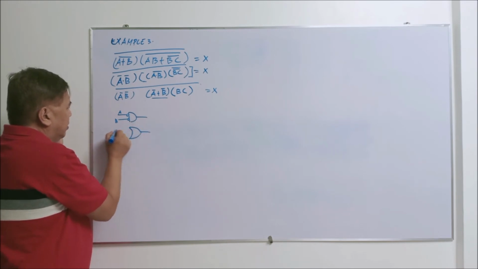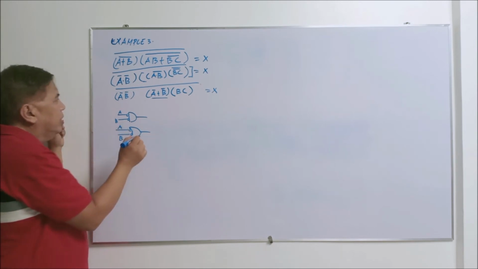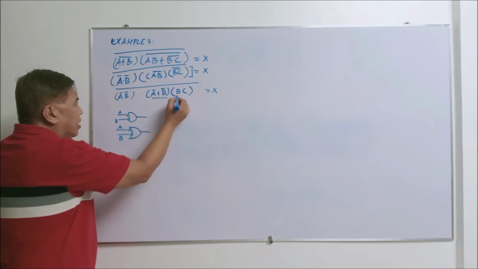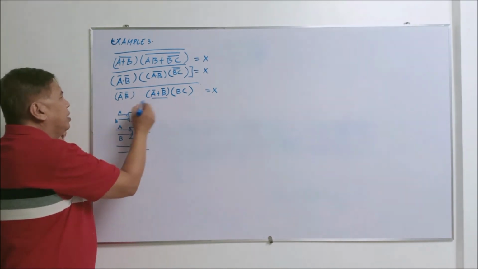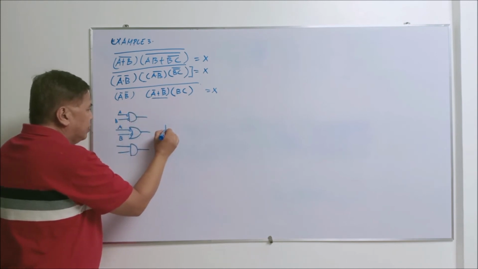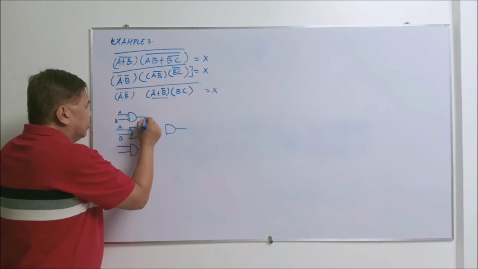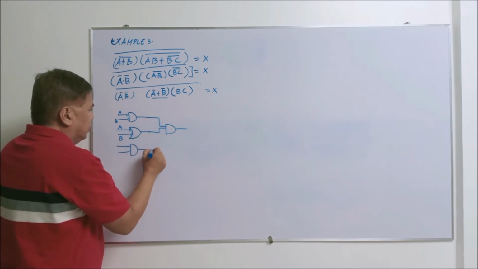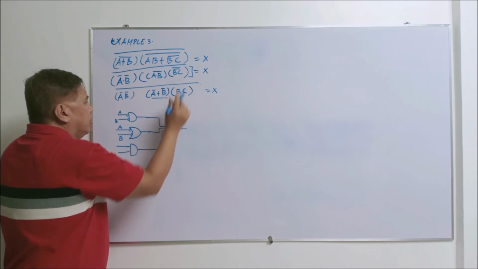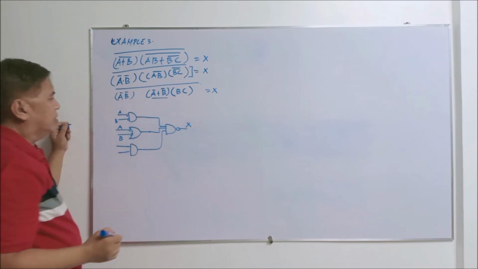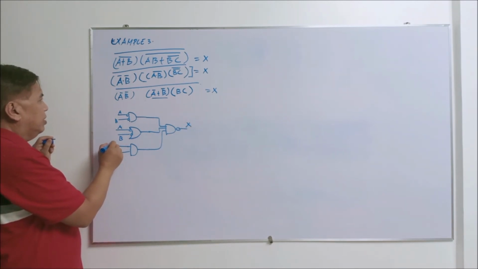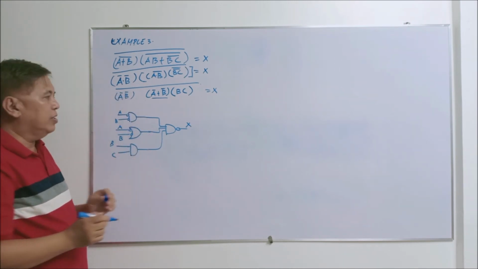Now A bar, B bar, and then multiplied again to another AND gate, BC. All of these are being multiplied together, so you will use an AND gate. Then the AND gate is inverted, so you have an inverter there. Then this is equal to your X. So this is our logical circuit equivalent.